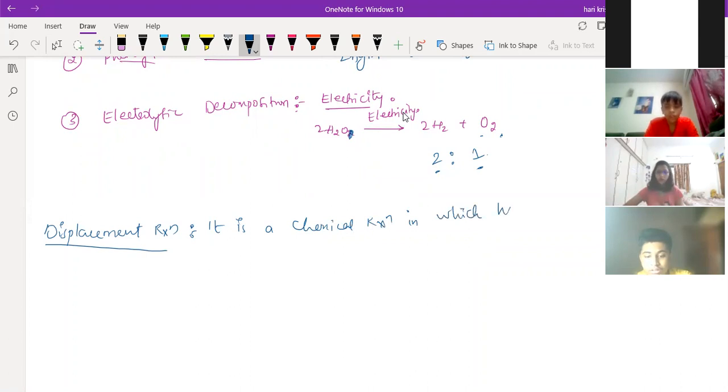In which a high reactive metal will displace the least reactive metal.